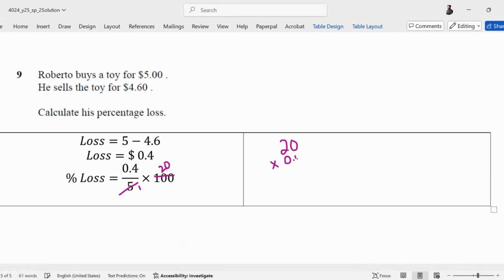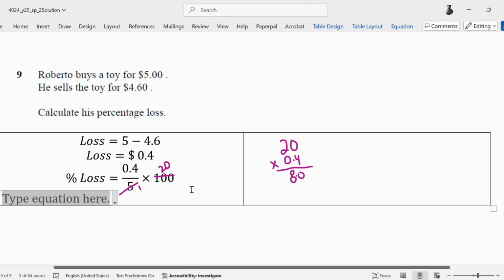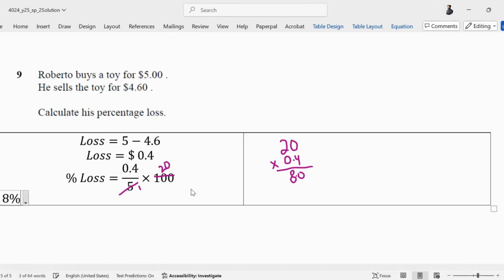Imagine as if you do not have a decimal and you multiply 2 and 4, that is 8. When the final answer comes, move the decimal 1 place to the left, and your loss is 8%. That is the percentage loss. Moving on to question number 10.